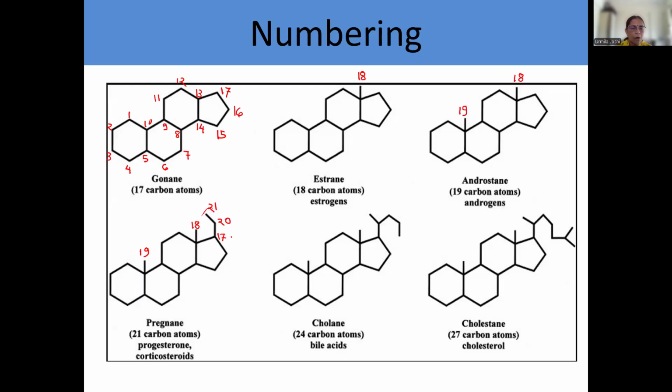Now, going from pregnane to cholane, we know that this is 18, this is 19, this is 20, and this is 21. So what adds on is numbered after that. So this is 22, this is 23, and this carbon is 24 in cholane.